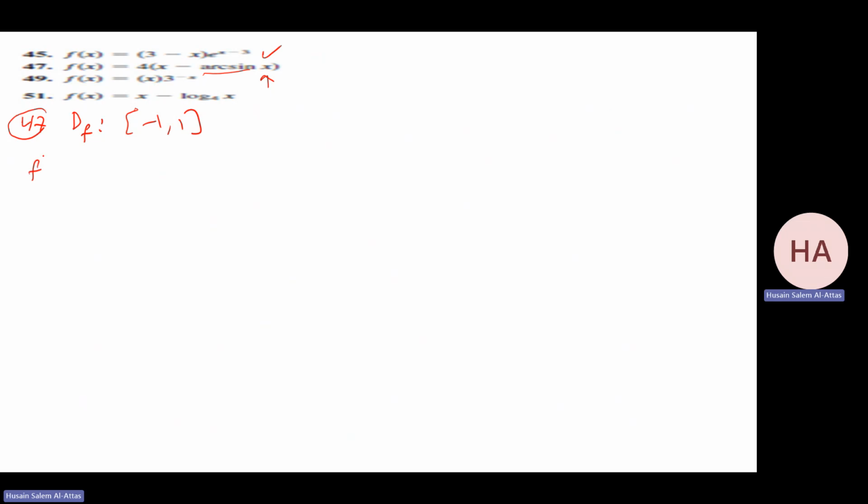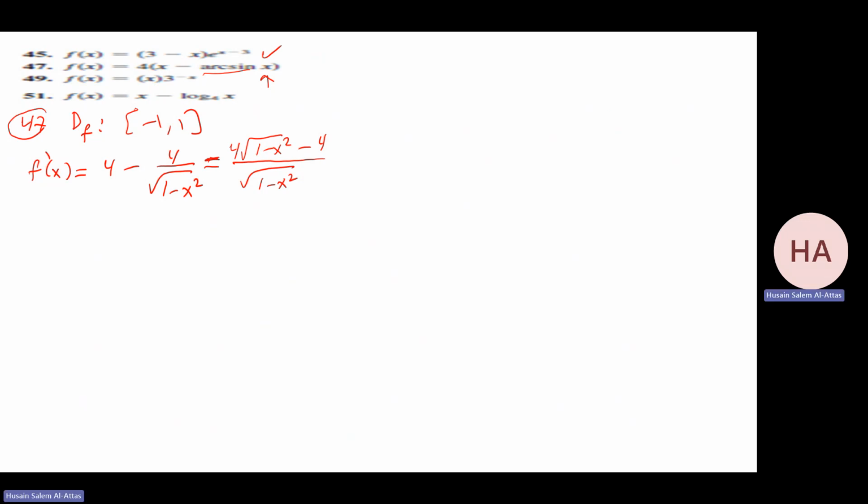Okay. Now f prime will be what? 4 minus 4 over square root of 1 minus x squared. That's the f prime. So I can simplify it. That will be 4 square root of 1 minus x squared minus 4, over square root of 1 minus x squared.